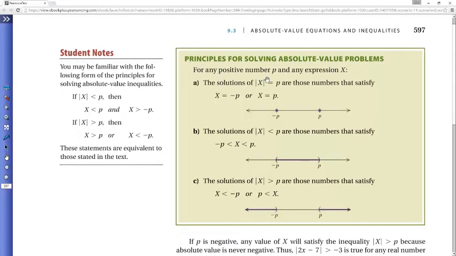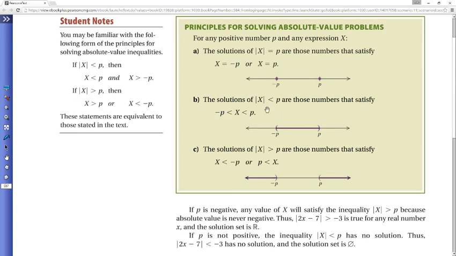It says for any positive p and any expression x, remember that large number represents some more complex expression. The solution to the absolute value of this expression x is equal to p ends up to satisfy these two things. Notice there's an or. It includes both of these things. And that's where we got the two equations to solve.